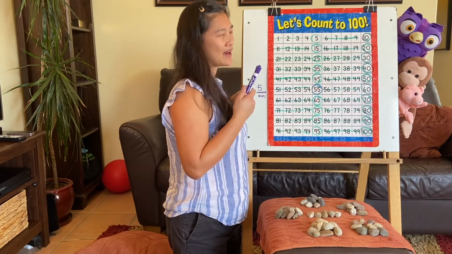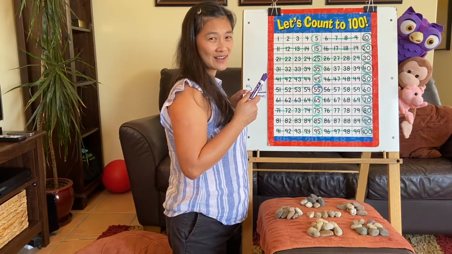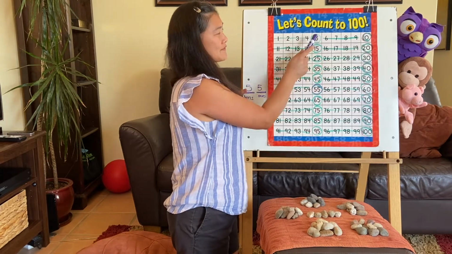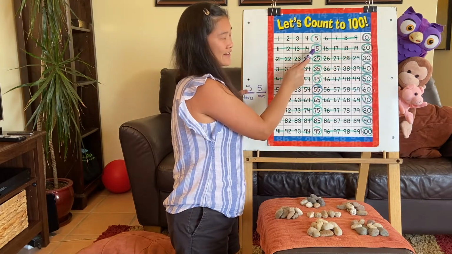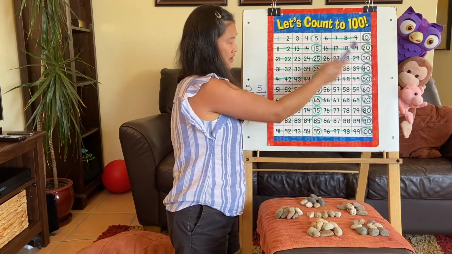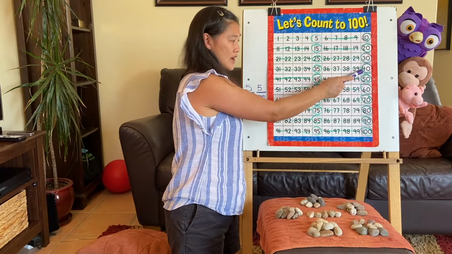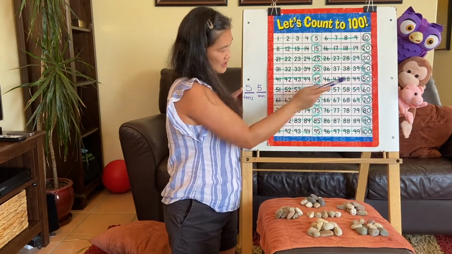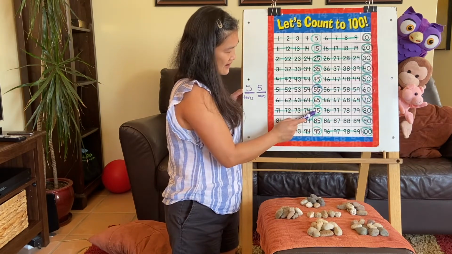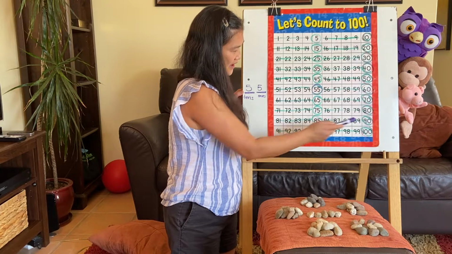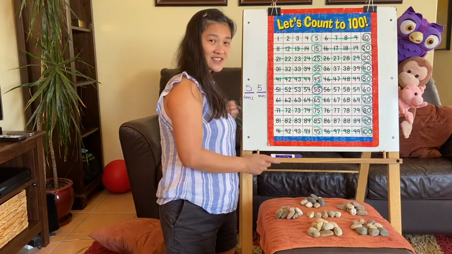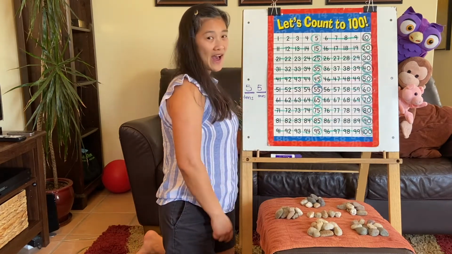How about one more? Here we go. 5, 10, 15, 20, 25, 30, 35, 40, 45, 50, 55, 60, 65, 70, 75, 80, 85, 90, 95, 100. Nice job skip counting by 5s.